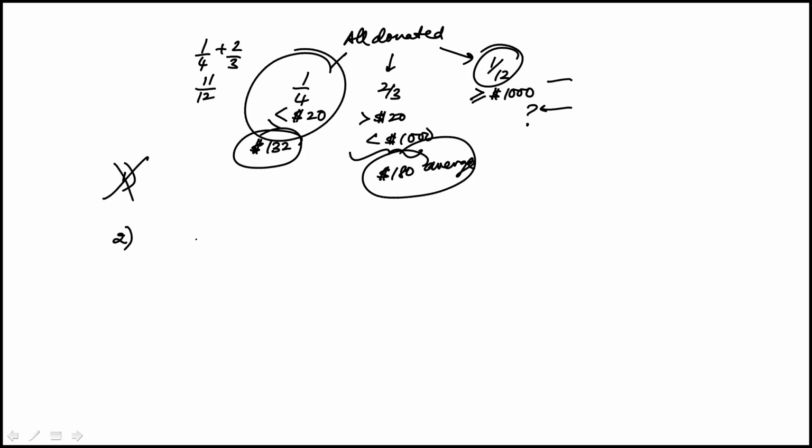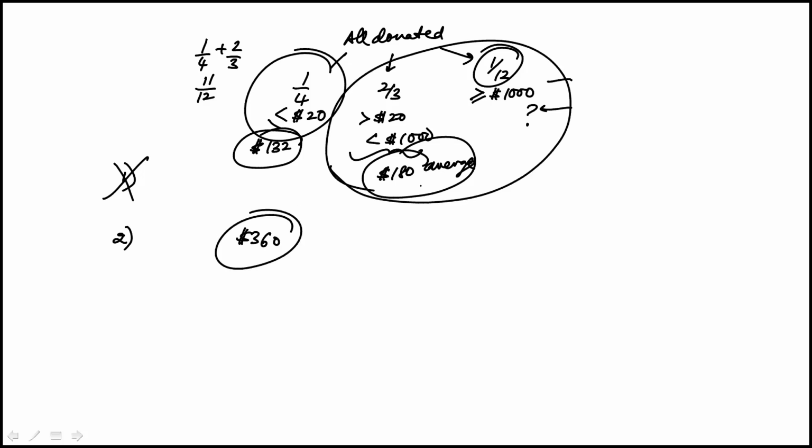2 says the average amount donated by the people who donated more than $20 was $360. So that's referring to this category. If I take the average amount donated by people in this middle category and multiply by the number of people, let's say the total number of people who donated money was N, then if I multiply by 2/3 N, that's the number of people who donated in this category.